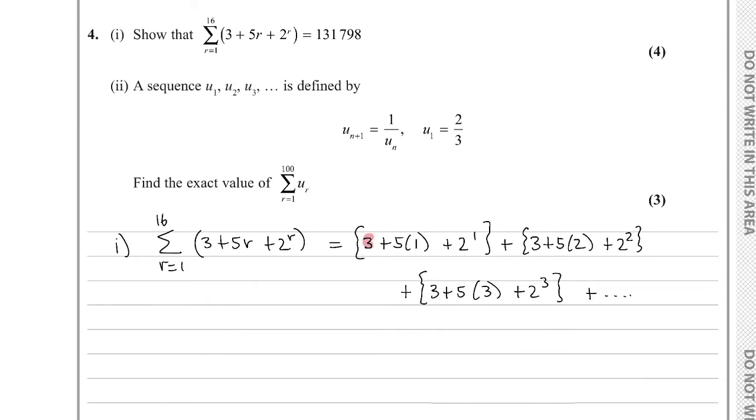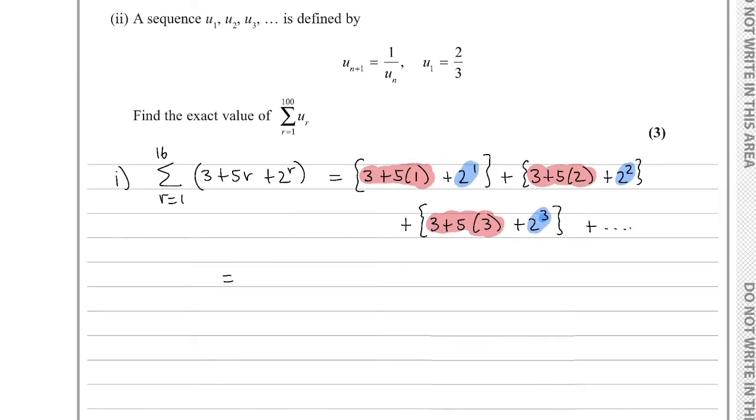So what I'm highlighting in red, you will see that they form an arithmetic sequence. And what I'm highlighting in blue, you will realize that they form a geometric sequence. So this is 8, plus 3 plus 5 times 2 is 13, plus 3 plus 5 times 3 is 18, plus dot dot dot, plus 2 to the 1 plus 2 to the 2 plus 2 to the 3 plus dot dot dot.